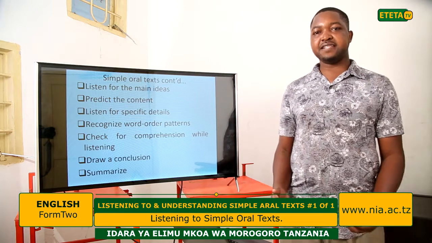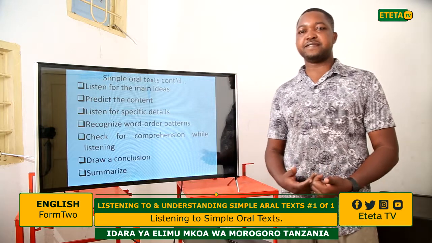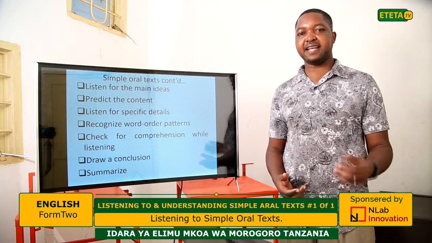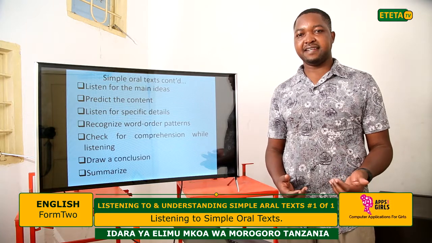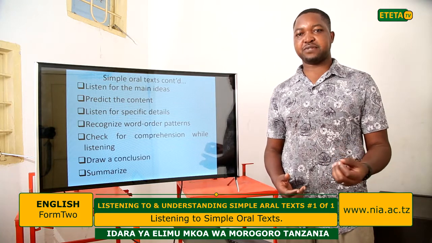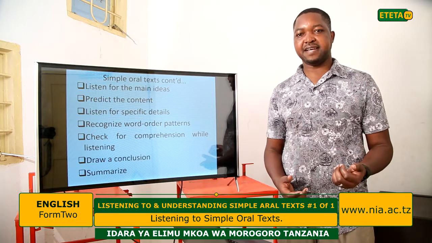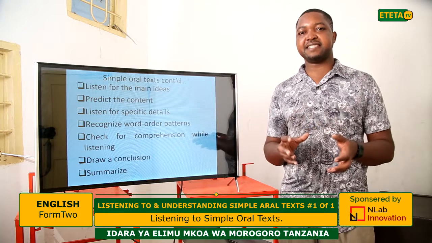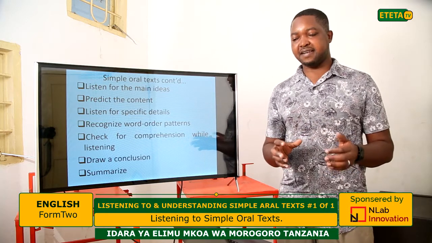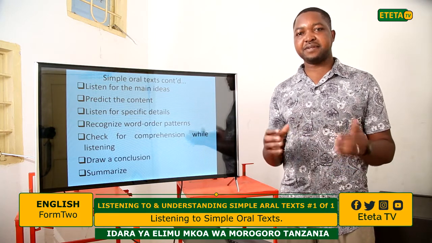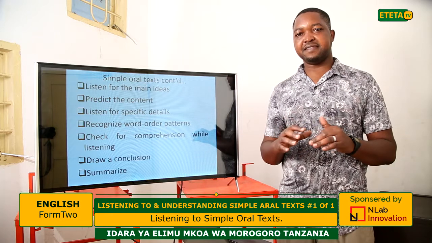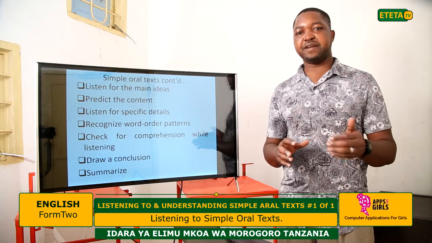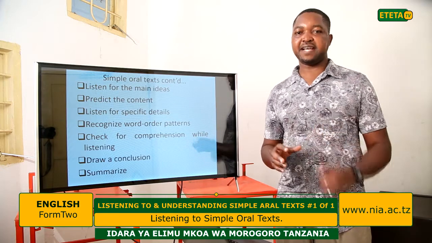And as a student, you need to have the ability of summarizing what you have read. Suppose the teacher has read a certain passage or a text. Then you can be asked to summarize it in few words. Therefore, the need of having important facts or details about the text is important in order for you to summarize that particular text.